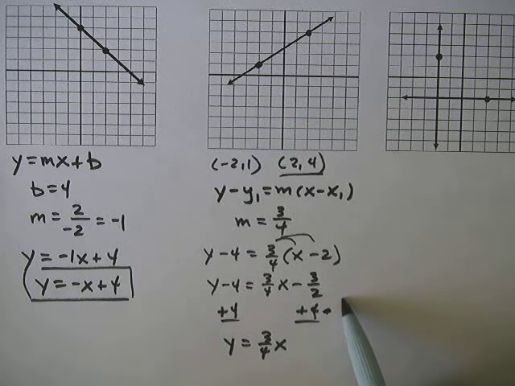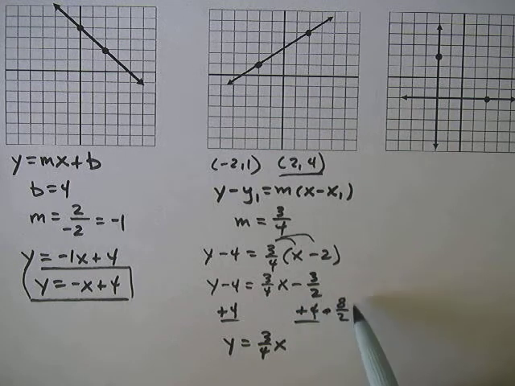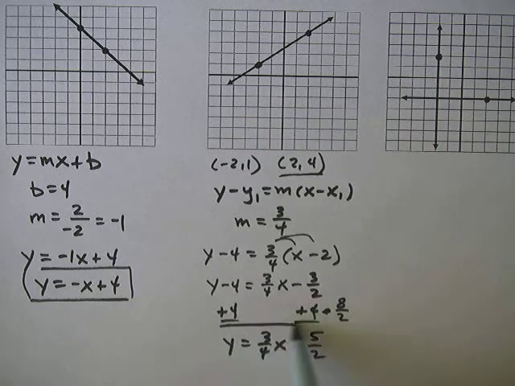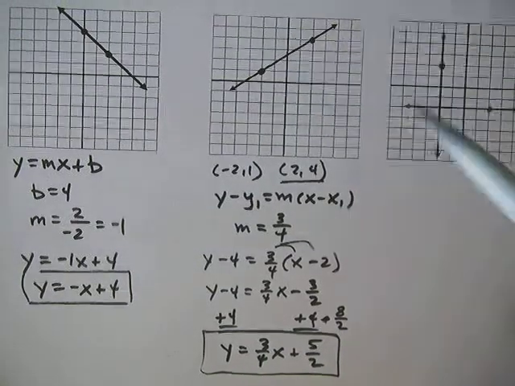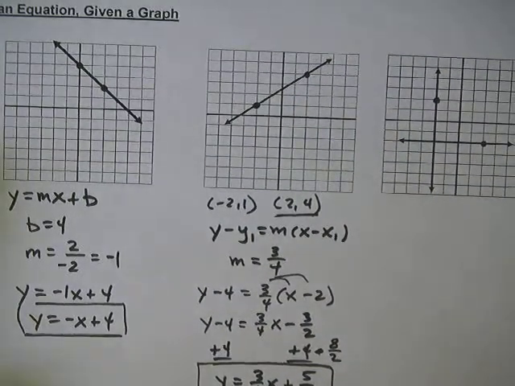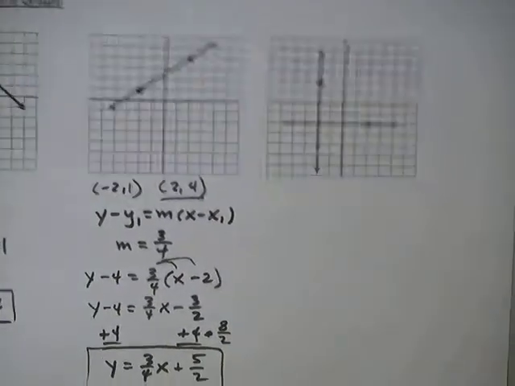So here, if I'm going to add these, 4 is the same thing as 8/2. Okay, so if I have negative 3/2 plus 8/2, that's going to be a positive 5/2. Okay, and there you go. There's your equation. Y equals 3/4 x plus 5/2, or 2.5, which would be a pretty good guess if we would have said 2.5.